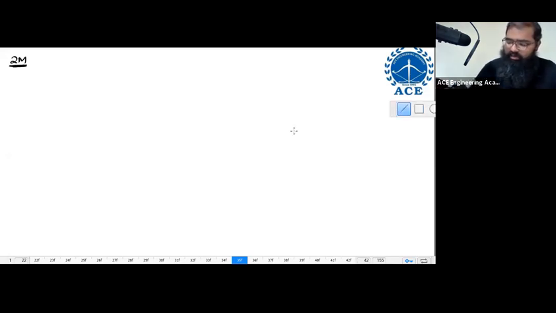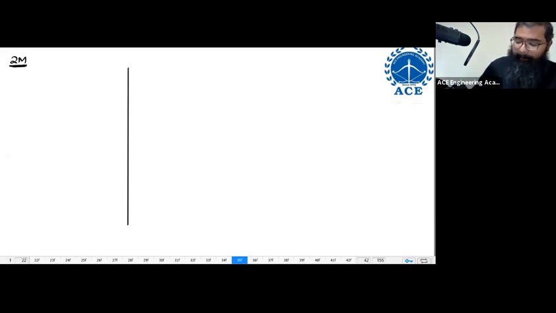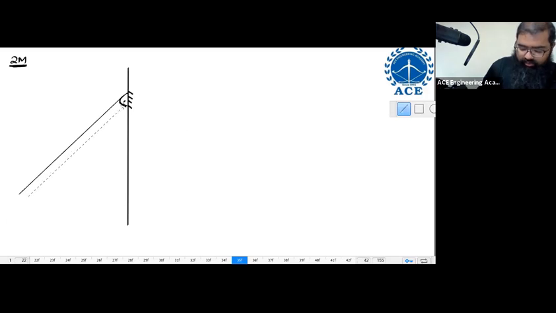Let me first of all draw a good diagram. Imagine you're having some wall. Somewhere over here, you're having a hinge. To this hinge, you're having a wooden rod. You're having some fluid over here.